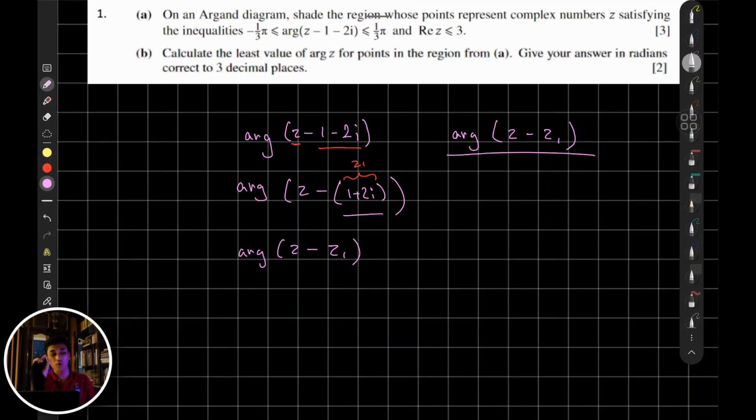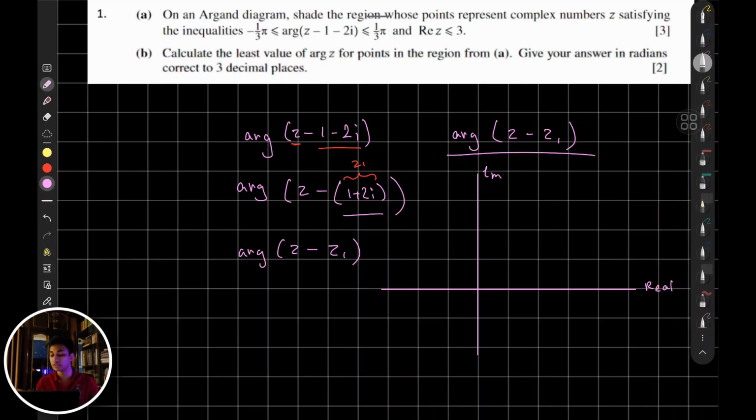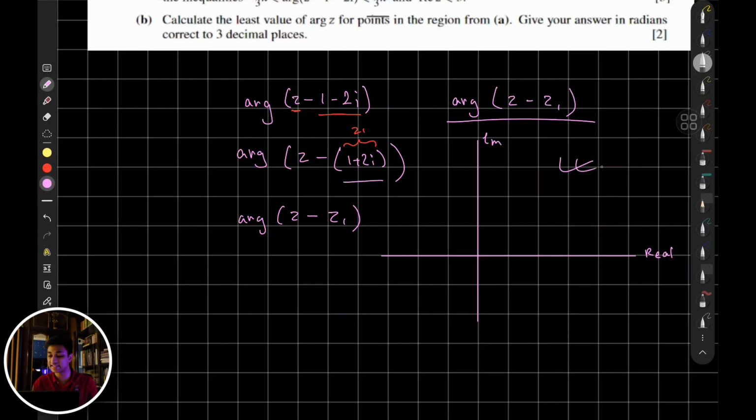So what does z minus z1 mean? If you draw an Argand diagram, it is nothing but a graph where you're plotting imaginary numbers against real numbers. They've just given this name to distinguish this separate type of graph where the y-axis is the imaginary number and the x-axis is the real number.